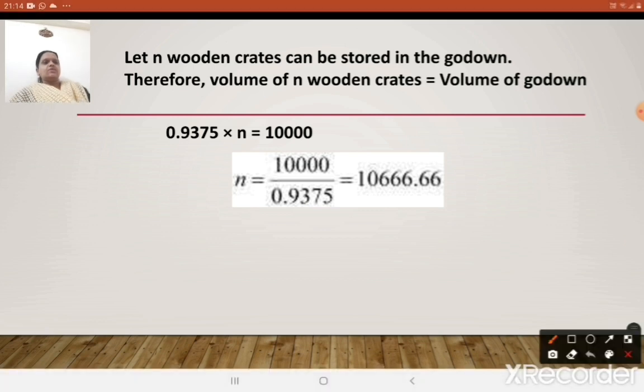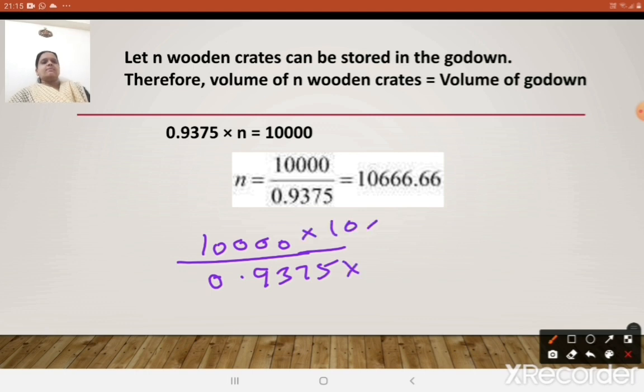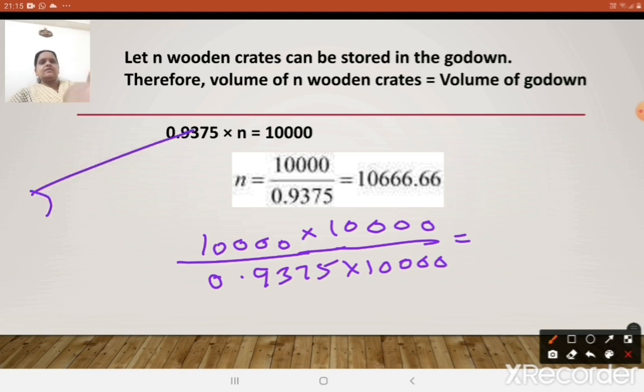Now what will you do here? First of all, 10,000 divided by 0.9375. As you can see, after the decimal point there are 4 digits, so again you will multiply by 10,000 to the numerator and denominator, and whatever with the 8 zeros you will get, divide that by 9375. 1 2 3 4 5 6 7 8.